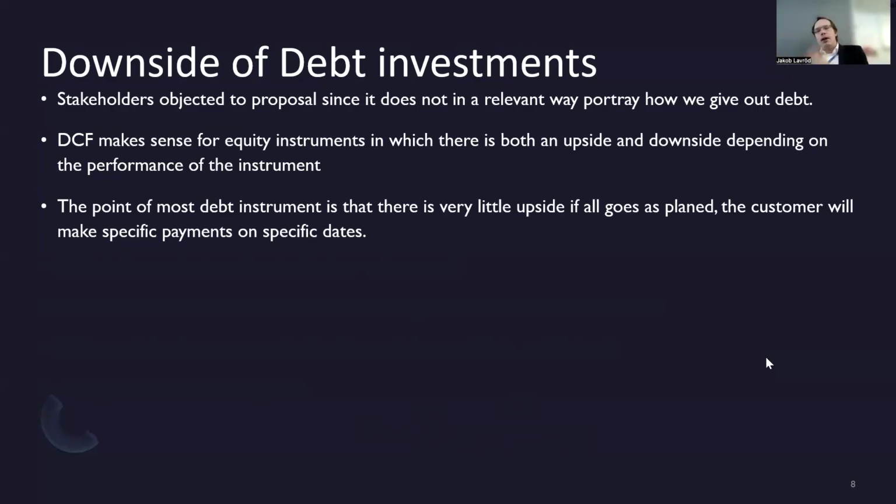If they do even better, they're not going to pay you more. You have capped your upside, and this is what makes loan instruments special: you have the downside risk, but you don't have all the upside rewards. A lot of market participants said that should be reflected in how we account for these loans.